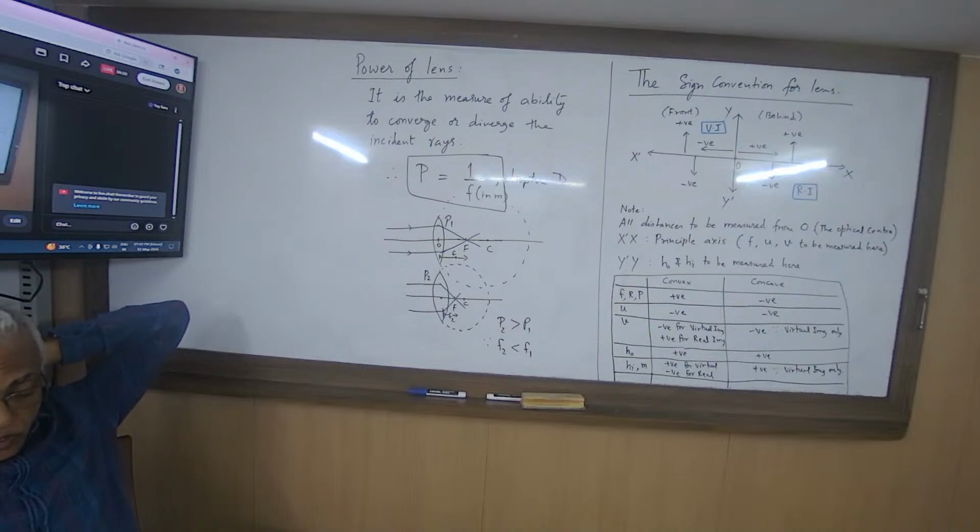So let sin r be equal to 1 by 2. Okay, so r should be 30.